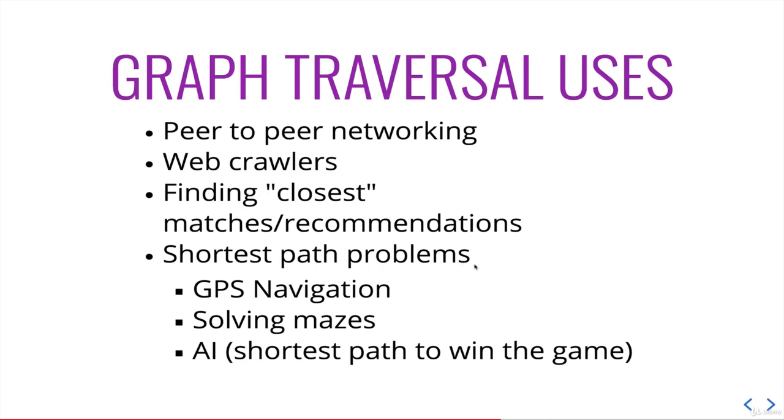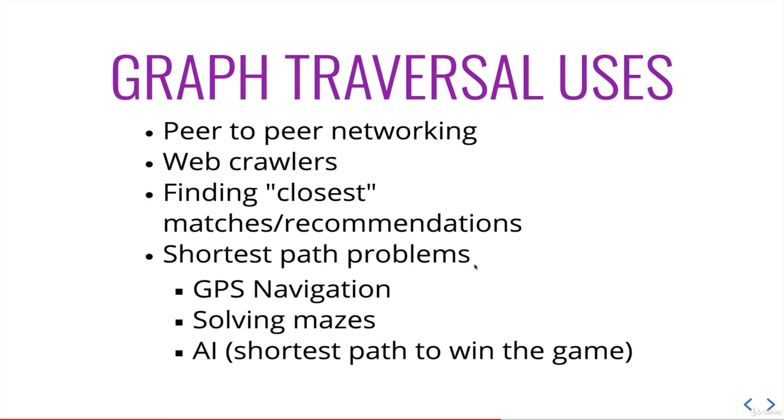GPS navigation. We have millions or billions of vertices representing a map and intersections and businesses. How do we find the best way to get from one place to another? So that doesn't involve just direct traversal. That involves finding the shortest path, not just blindly traversing the entire graph.